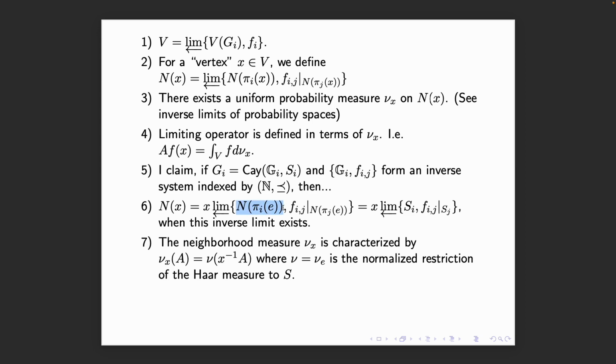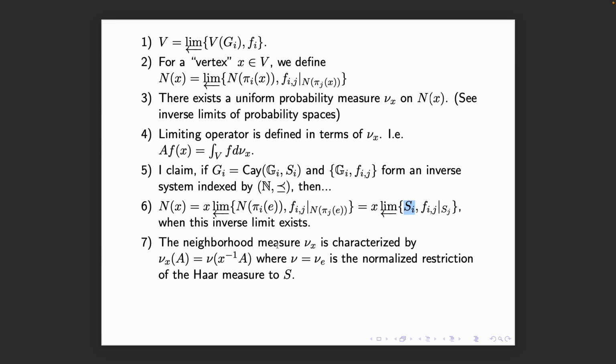And what is the neighborhood of the identity element in a Cayley graph? It's just the generating set. So the neighborhood of a point in the limit is x times the limiting generating set. The main idea is that these neighborhood measures are not really all that distinct from one another.